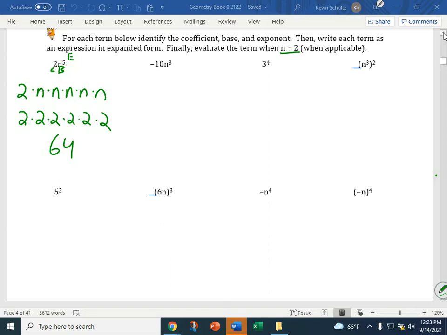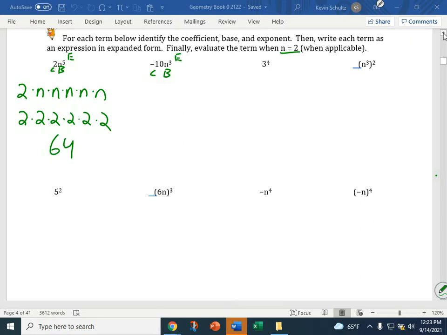Negative 10n cubed. What's our coefficient? Negative 10. What's our base? Anybody? Good. N. And what's our exponent? Anybody? 3. Okay.